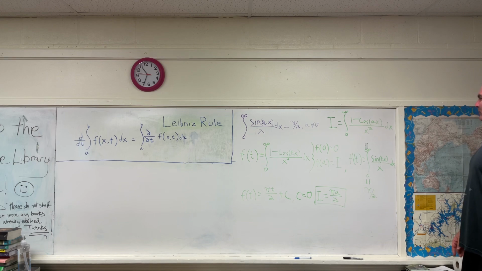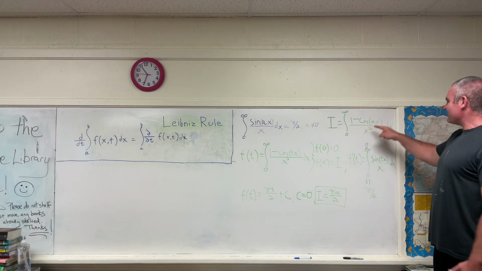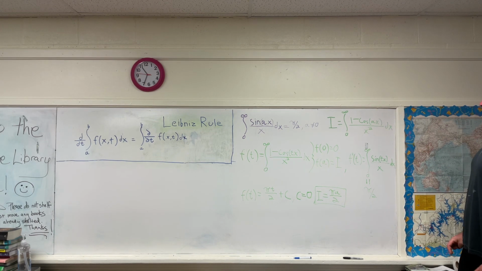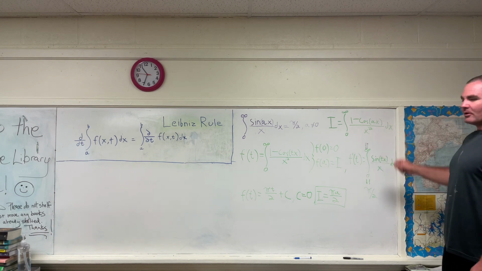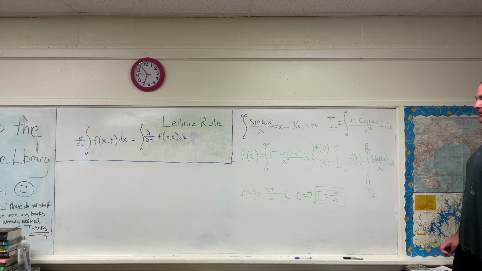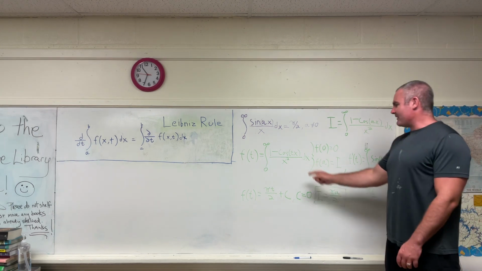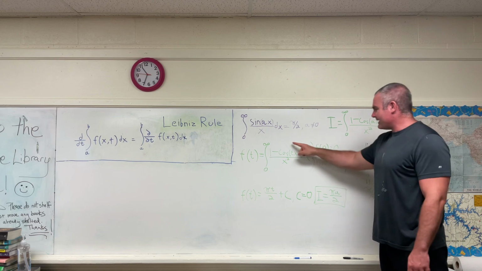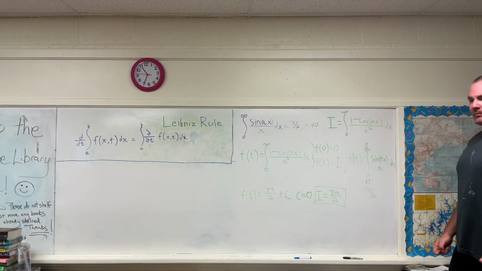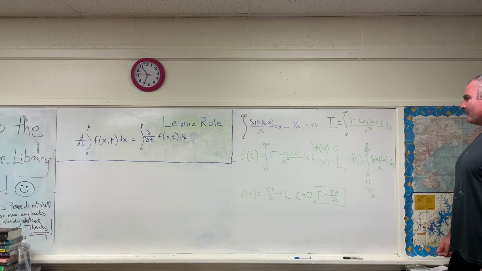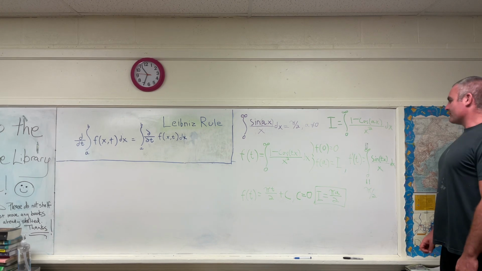I wanted to do it this way to help you visualize that the a here is really an arbitrary constant, because most of the time you'll see things like 1 minus cosine of 4x, 1 minus cosine of 5x, or something like that. So here a is an arbitrary constant, and this whole thing is actually a multivariable function integrated with respect to x to give you a function of t.